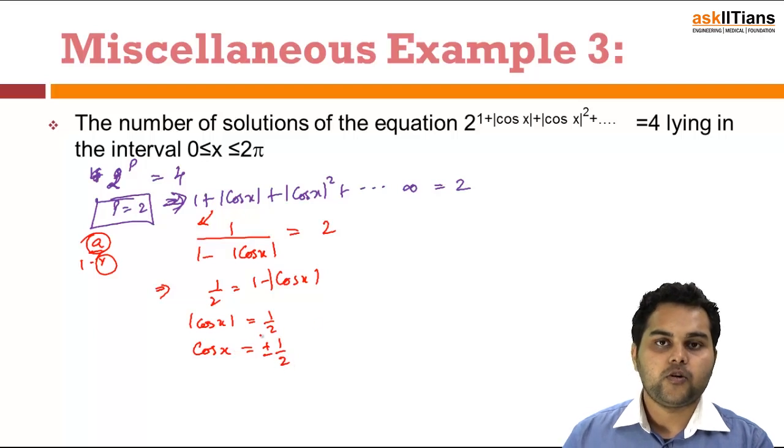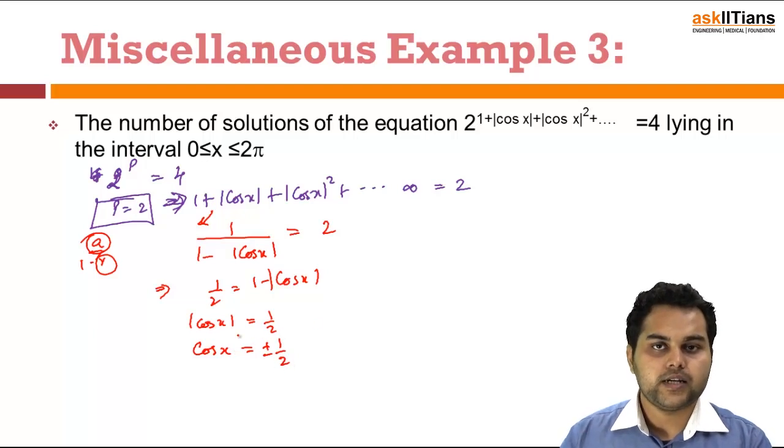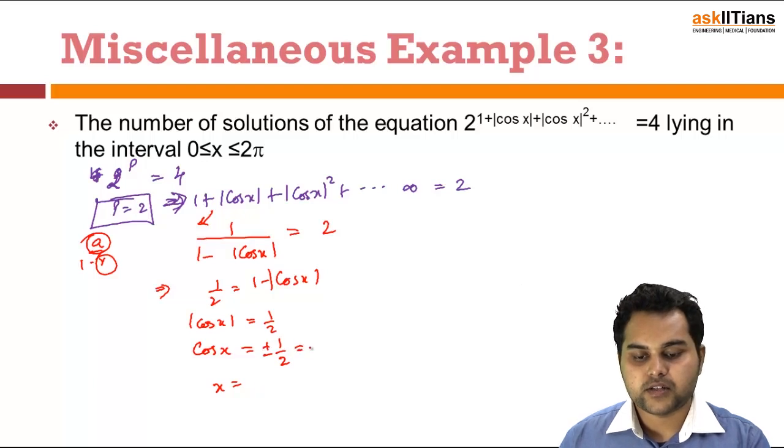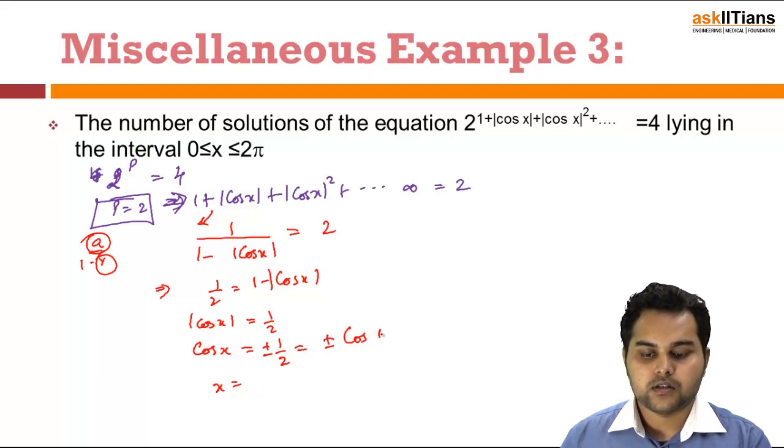This is again of the form cos square theta is equal to cos square alpha. So I can have the solution as n pi plus minus alpha. This can be written as plus minus cos of pi by 3. So I would have n pi plus minus pi by 3.